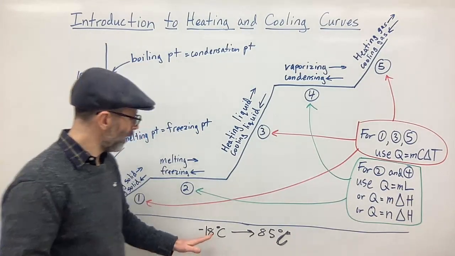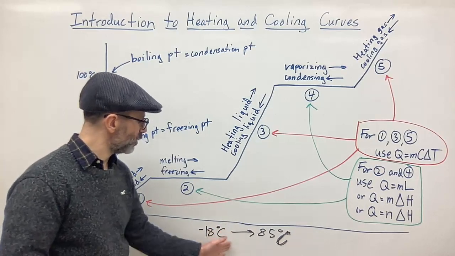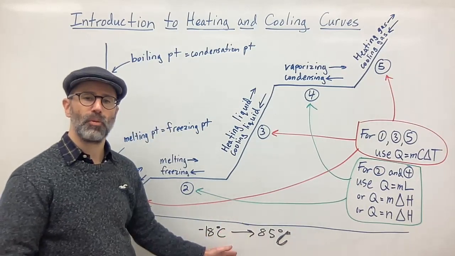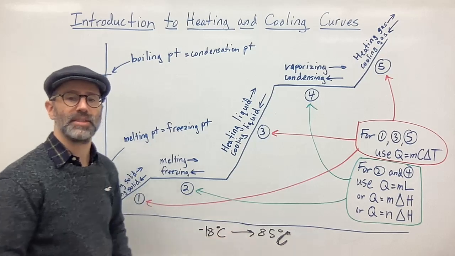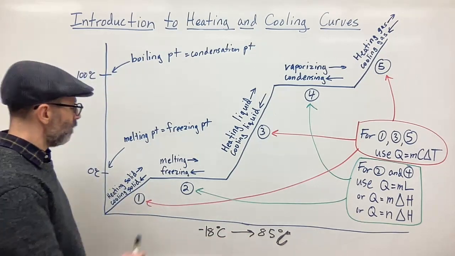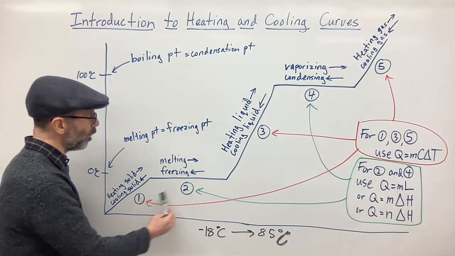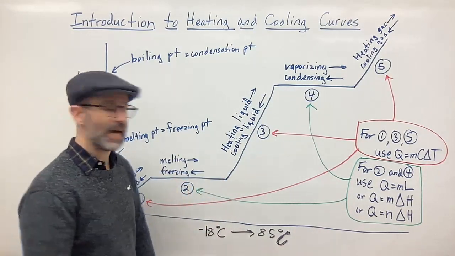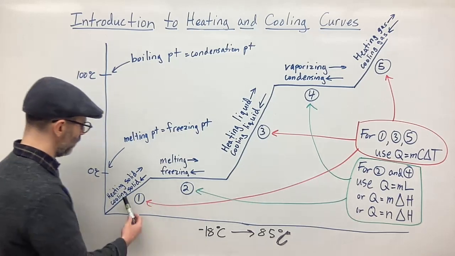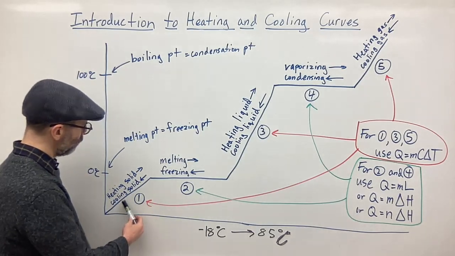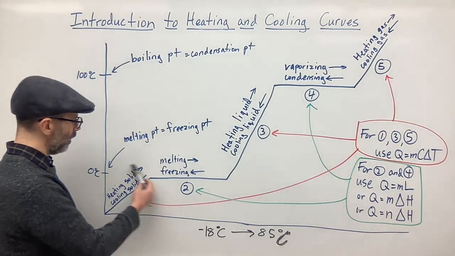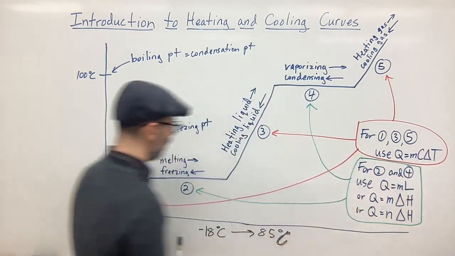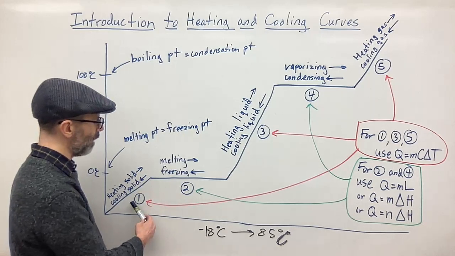Well, you have to break up the temperatures according to where the melting point and boiling point of the substance itself are. You then calculate each part separately and add the different quantities of heat together. So in this case, I would take the temperature from negative 18 to 0, calculate that using Q equals mcΔT, and find that amount of heat.